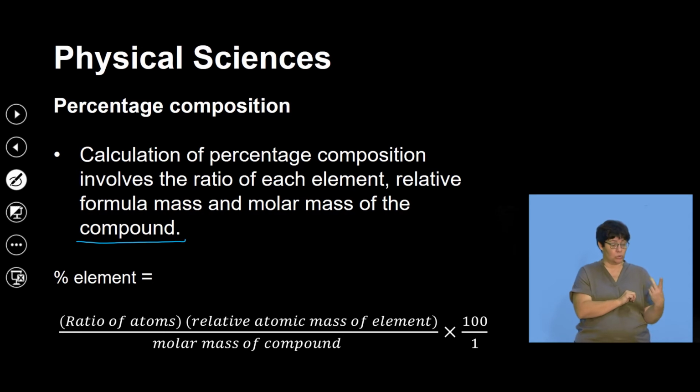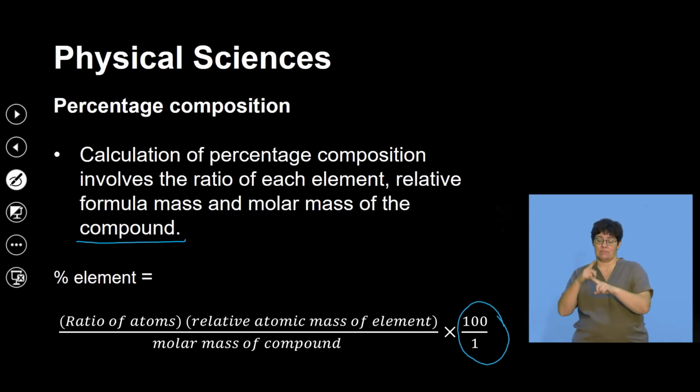So we also need to take that into account. Over and above, the percentage of an element in a compound is the ratio of atoms multiplied by the relative atomic mass divided by the molar mass, expressed as a percentage. The moment you multiply by 100, we are actually determining the percentage.